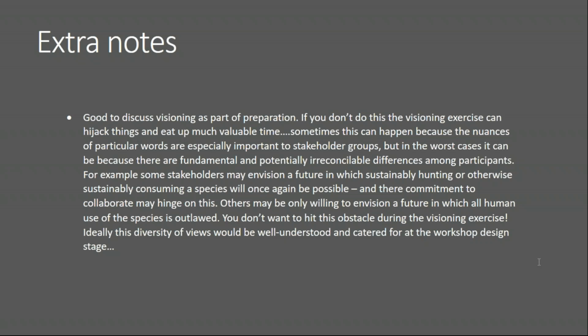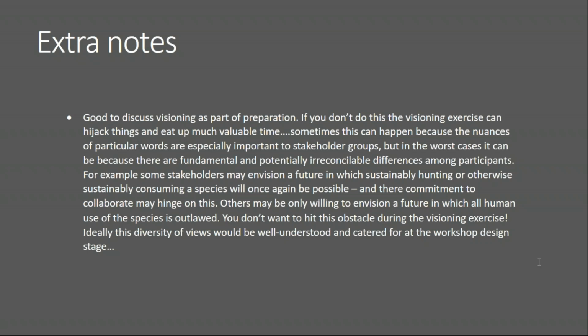So I guess it would be an interesting exercise to begin by giving people an opportunity to identify all the concerns that they have about putting a species back in the wild, and thinking about how those concerns could be mitigated, maybe. And I think it might be sensible to do that in advance of a vision, to see whether you really can mitigate some of those concerns in a reasonable way. But yeah, that is a difficult one, and that's the kind of one where I would think that things could fall apart a bit at the visioning stage. I think you'd want to move through that quite carefully.